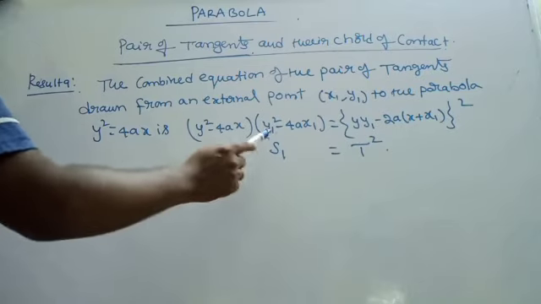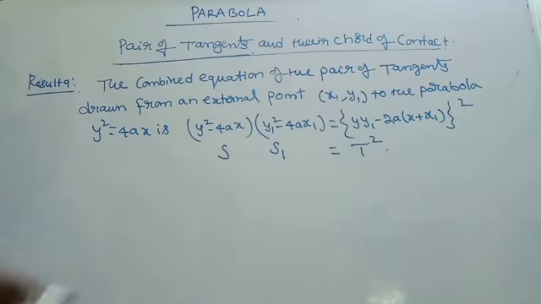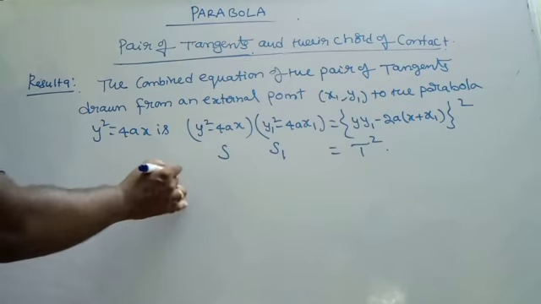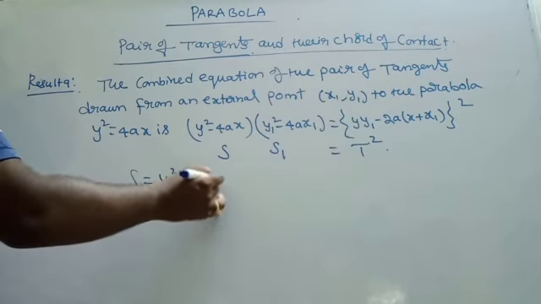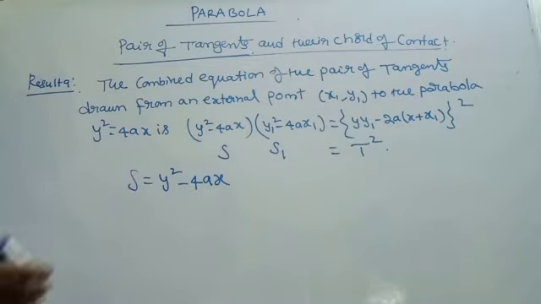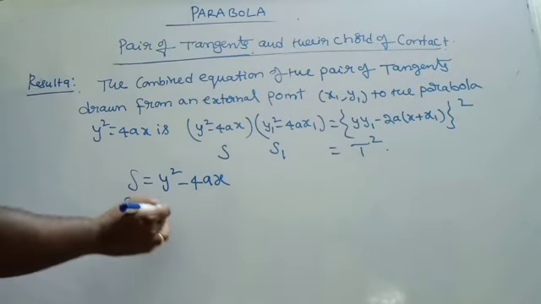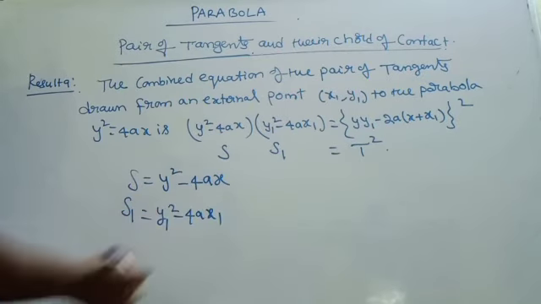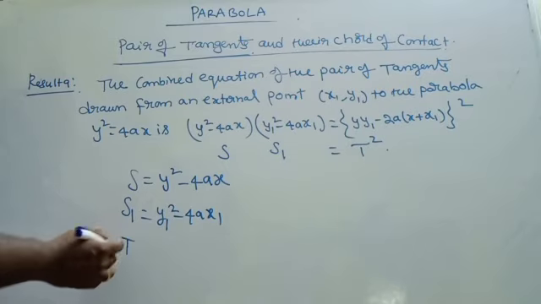That is S·S1 = T², where S is y² − 4ax, as we already discussed, and S1 is y1² − 4ax1. And T is the equation of the tangent.